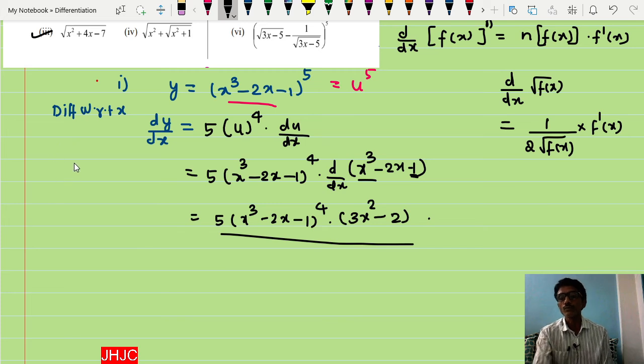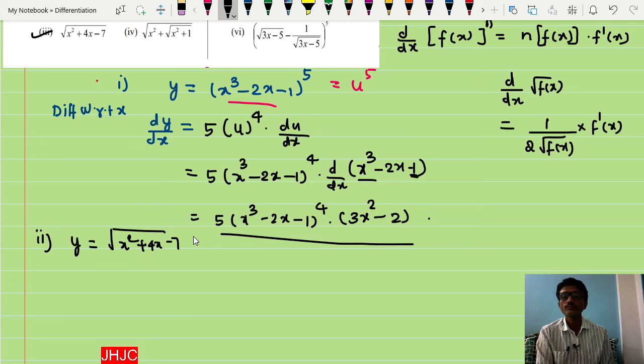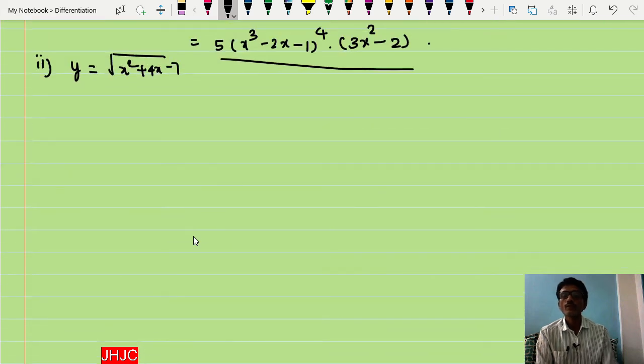Second example: y is equal to root of x square plus 4x minus 7. Let us take this as u.